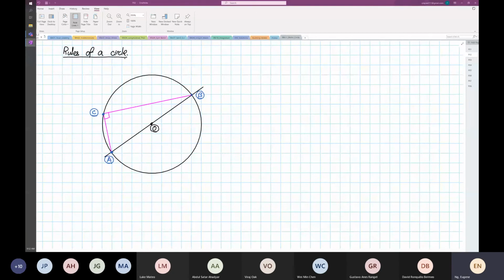It's always 90. If you don't believe me, or if you have doubt, I'm going to pick another point over here, and this point is my point D. I deliberately picked that point. From A, you can see my background paper line.